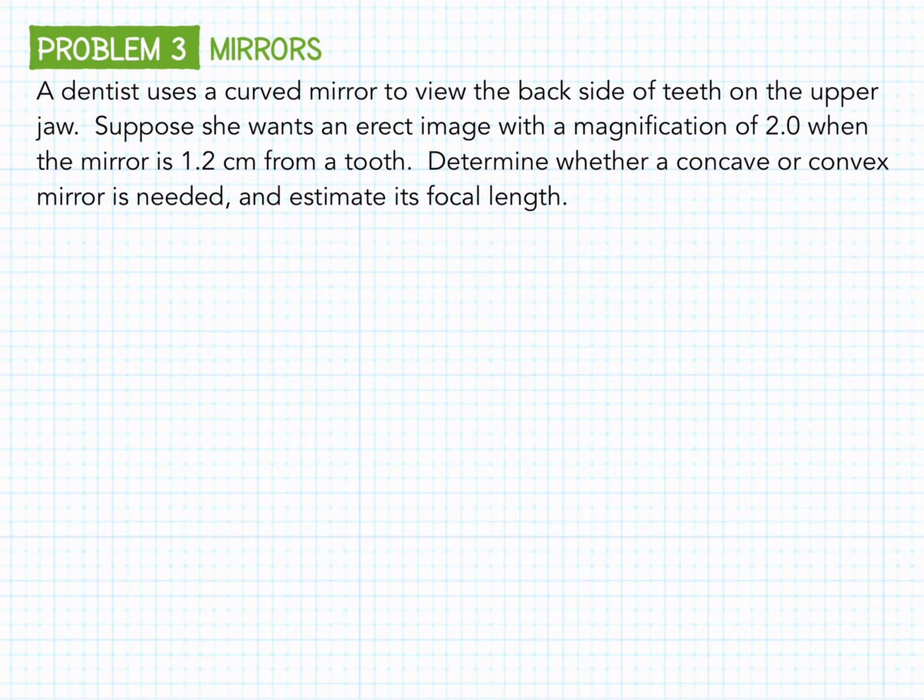Okay, so we know this dentist is using a curved mirror, so we want to know whether that curved mirror is concave or convex, and we want to estimate its focal length. The information we're given is that we're looking at the back side of the teeth in the upper jaw, so you want an upright image.